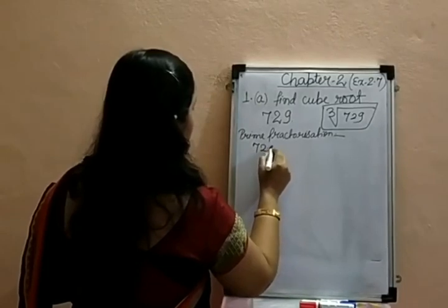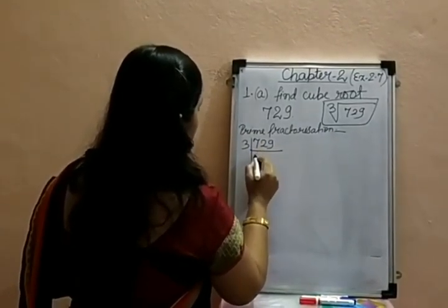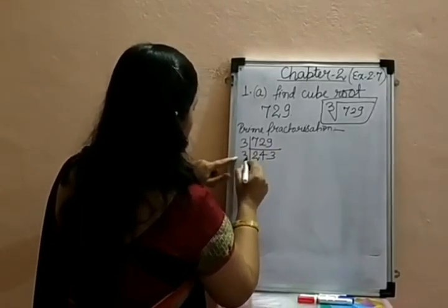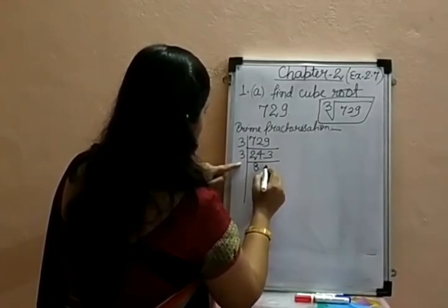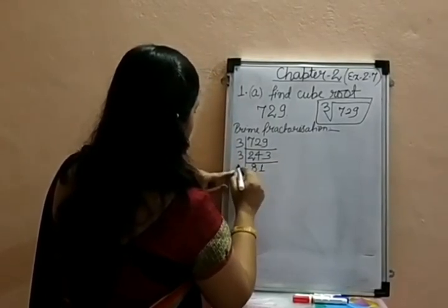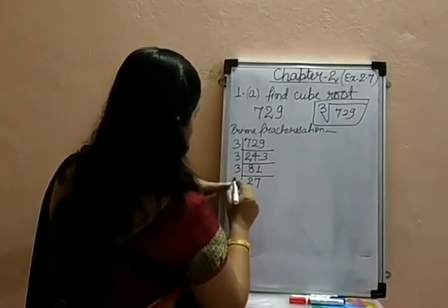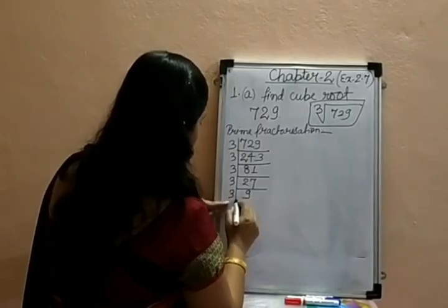729: 3 threes are 9, 3 twos are 6, 3 fours are 12... again 3, 243, again 3, 81, 27, 9, 3.